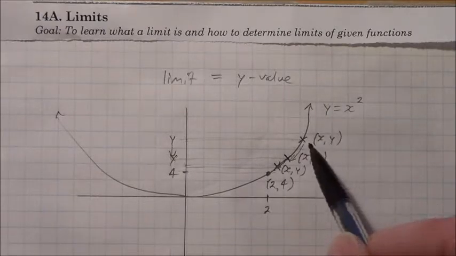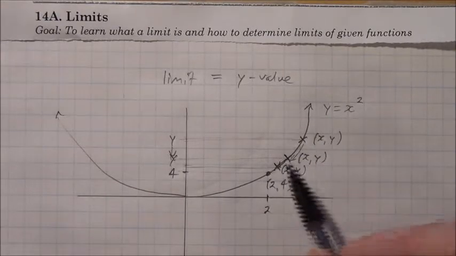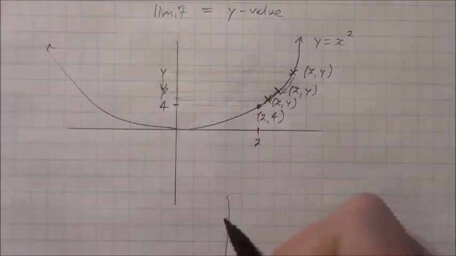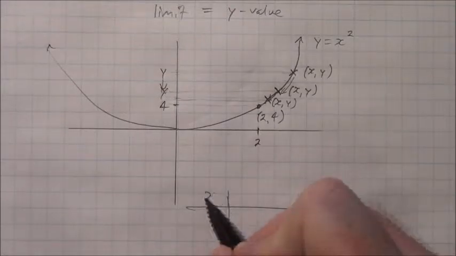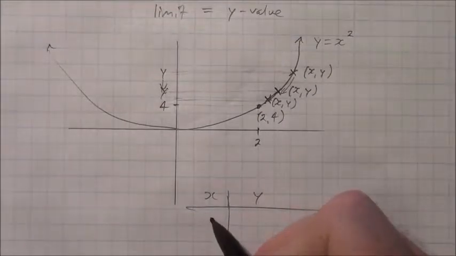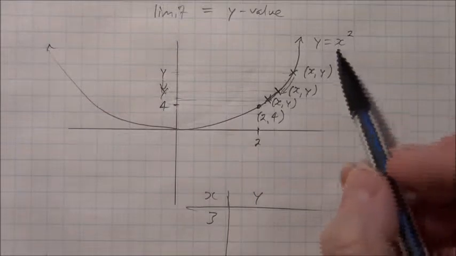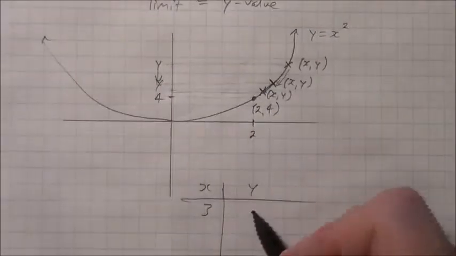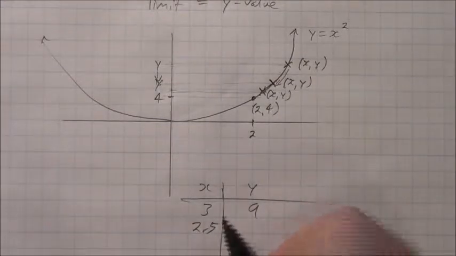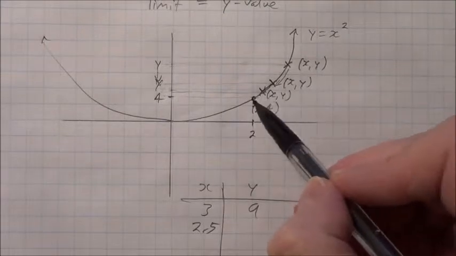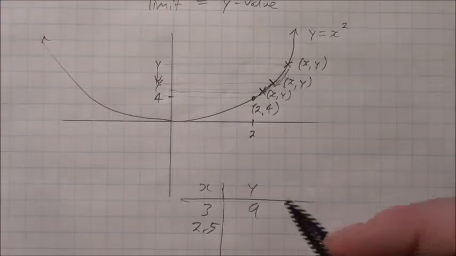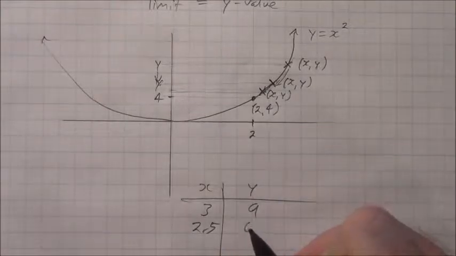Now we could quantify this and give these actual real values along the way. If I were to make up a little mock table of values, for our x, y point, x might start out at, let's say, 3, and if this function is y equals x squared, then y equals 9. Then if I move this down to 2.5, so we're approaching from the right, 2.5 squared would be something like 6.25.